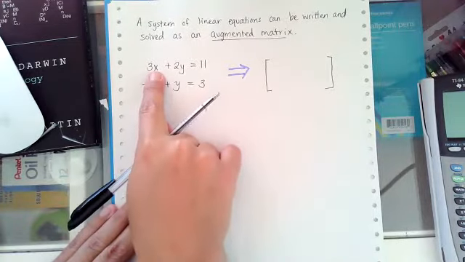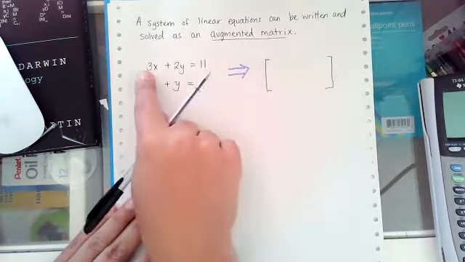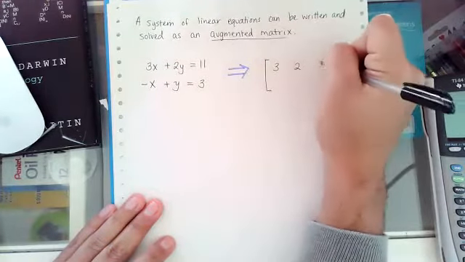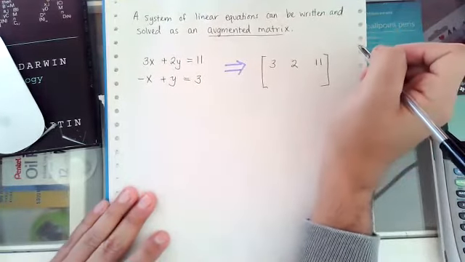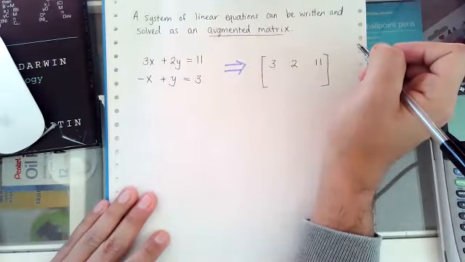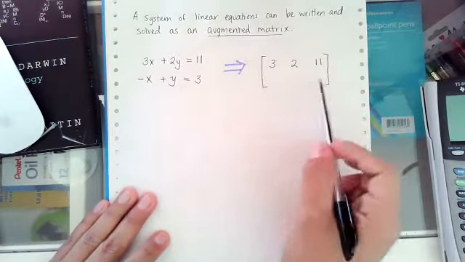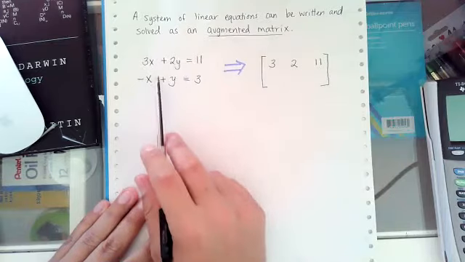So instead of writing x and y over and over again, we'll just write 3, 2, and 11. Okay, but we have to remember that this matrix represents this system of equations.